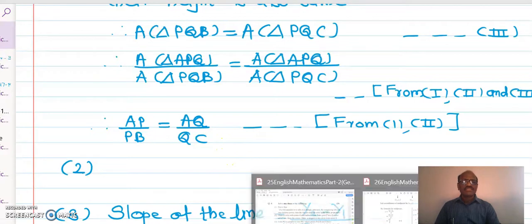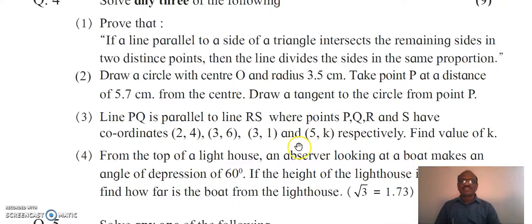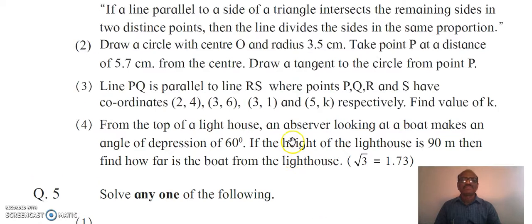Now the next question is from the construction. Draw a circle with the center O and the radius 3.5 centimeter. Take any point P at a distance of 5.7 centimeter from the center. Draw a tangent to the circle from the point P. That is, we draw here a circle with the center O and the radius 3.5.